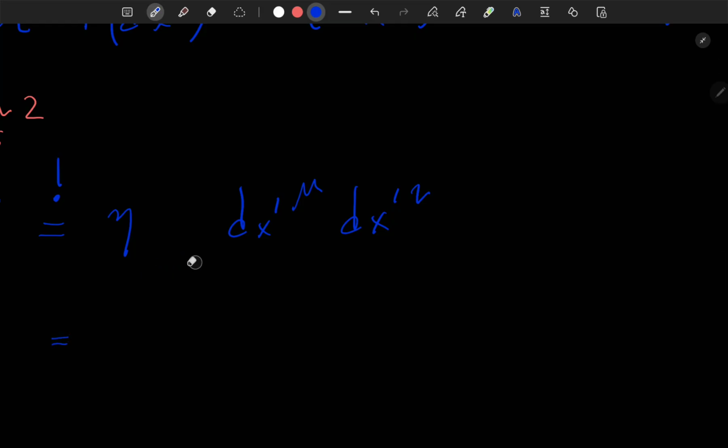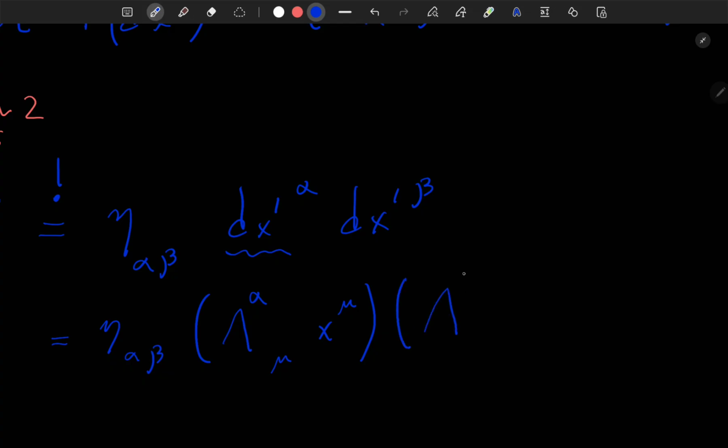And actually, to make our notation better, I'm going to call that alpha beta. So we're going to have eta, our metric, and the primed coordinate, that's really going to be our Lorentz transformation on the unprimed. So it's going to be alpha, maybe we'll call that mu, x mu times our Lorentz transformation on the original again.